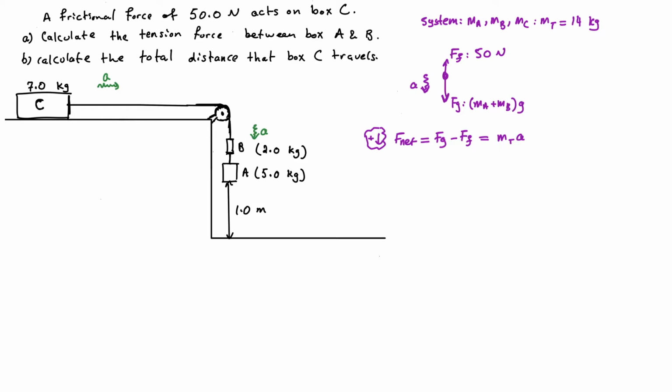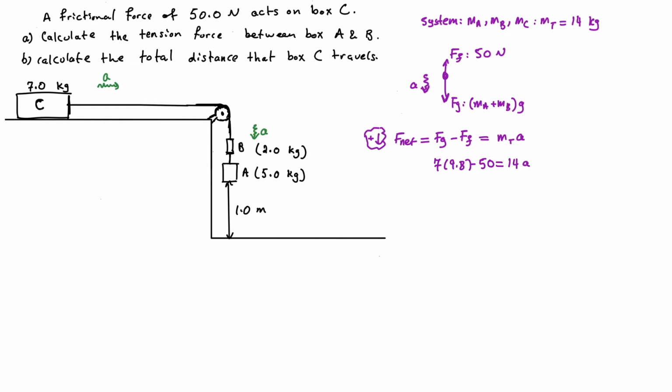Gravitational force in this case is mA plus mB, that's 7, times the gravitational acceleration, that's 9.8, minus the force of friction, which is 50, and that's equal to the total mass, which is 14, times acceleration.